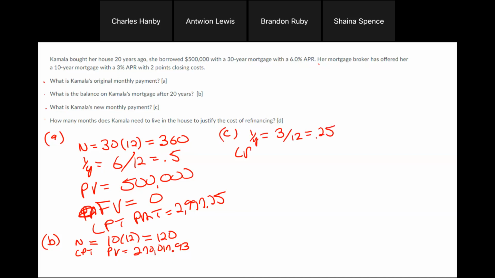And then we compute payment. It's going to come out a negative $2,607.31. So our payment is falling from the, sorry, I didn't put a negative sign there, $2,997.75. My writing's terrible.